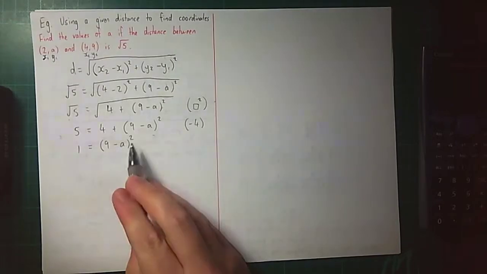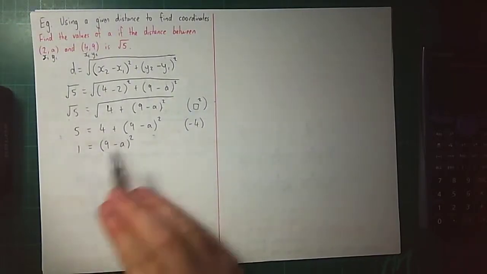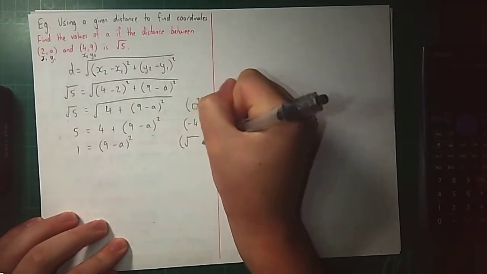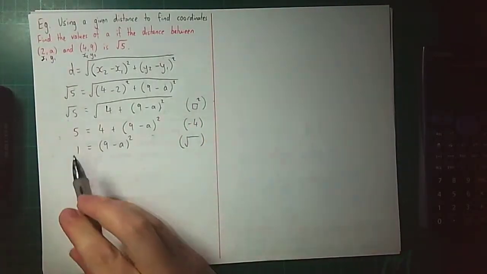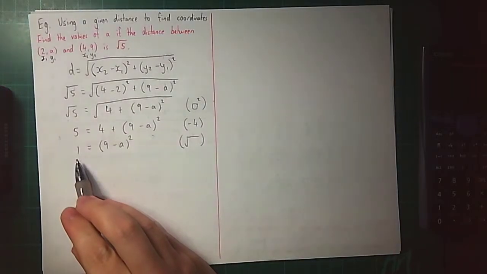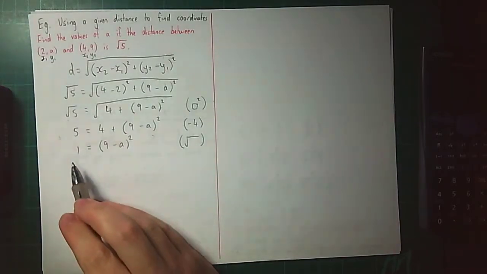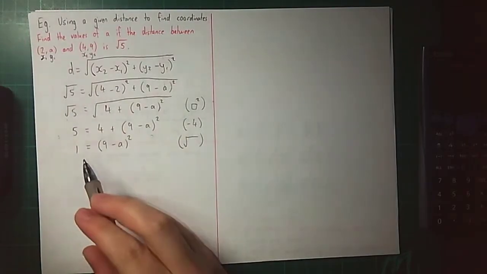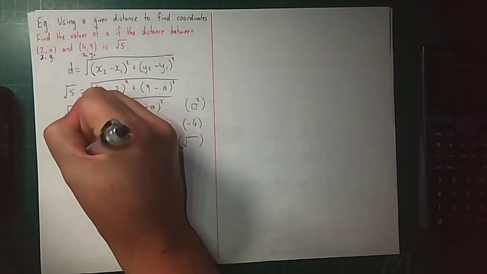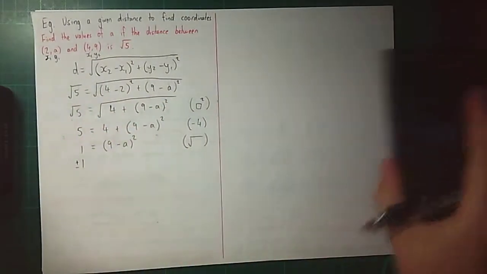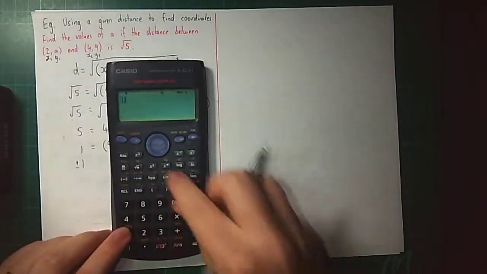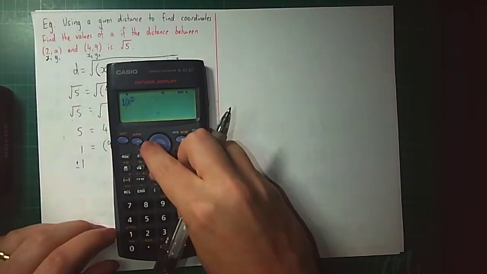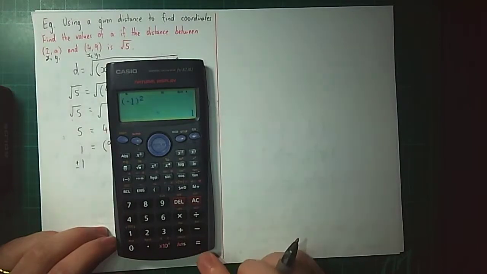Now, of course, if I want to get rid of this square, I have to square root both sides. So I'll just get the square root of both sides. But when I square root 1, of course, as a numerical value, it equals 1, but it actually ends up being a positive and negative 1. Because, as you know, a positive 1 squared is 1, but a negative 1 squared is also 1.